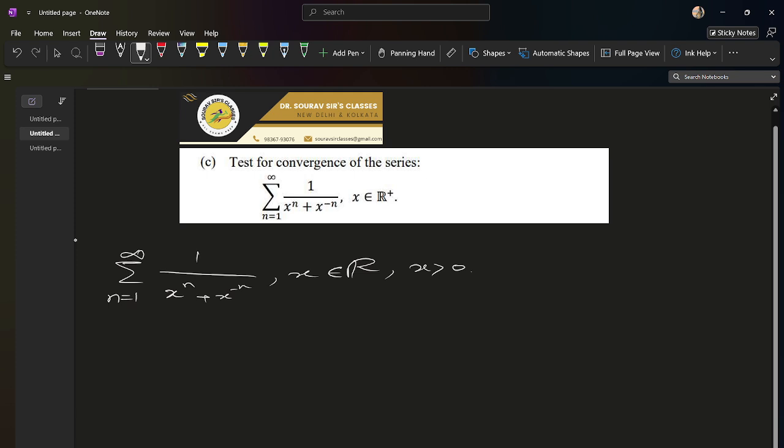Now we are going to rewrite the general term. The general term of this series is equal to this. So a n equals 1 by x to the power n plus 1 by x to the power n.